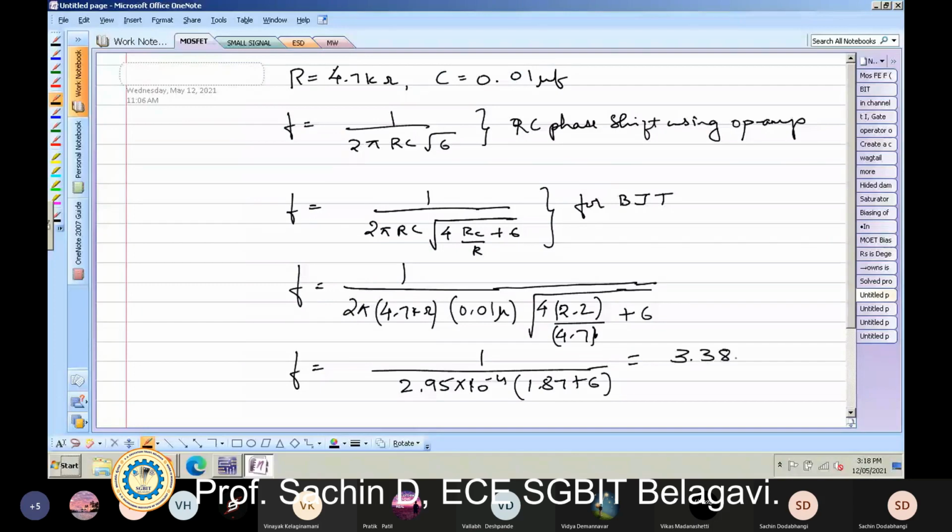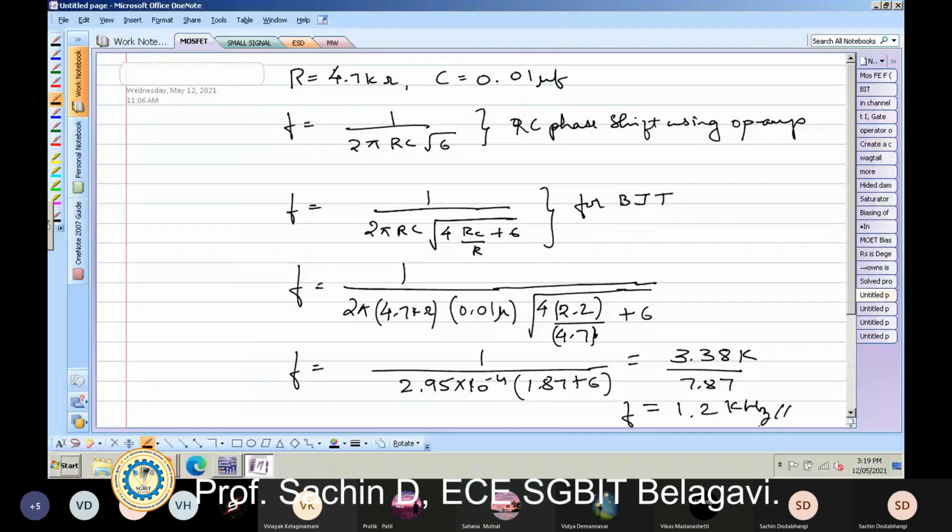So the time is 2.8 divided by 7.87, so we have equal to, how much are you getting? 1.2 kilohertz. Okay, 1.2 kilohertz. That is the frequency.